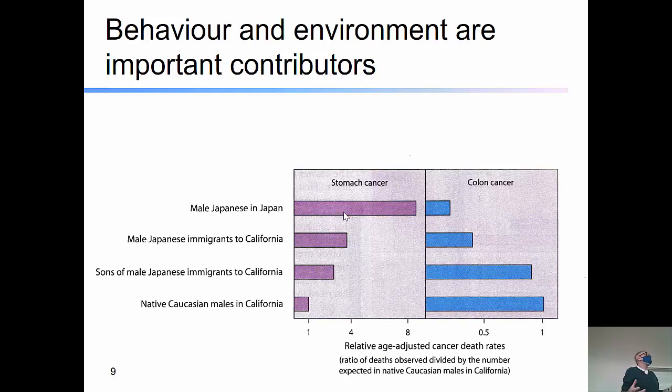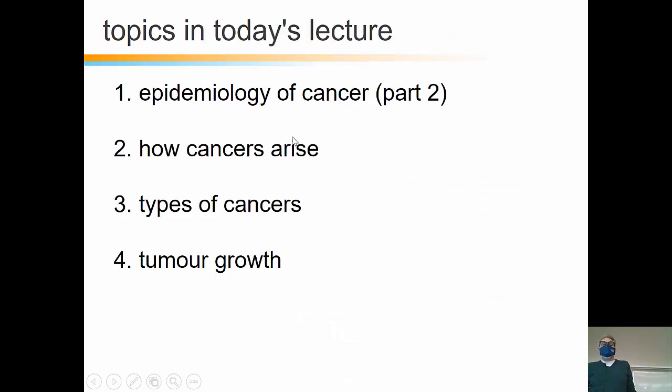And of course, there's been no genetic change by moving to a new country. So this is indicating that there's either some cultural difference or actual physical difference in the geography itself or the place itself. And that was where we got to in the last class.